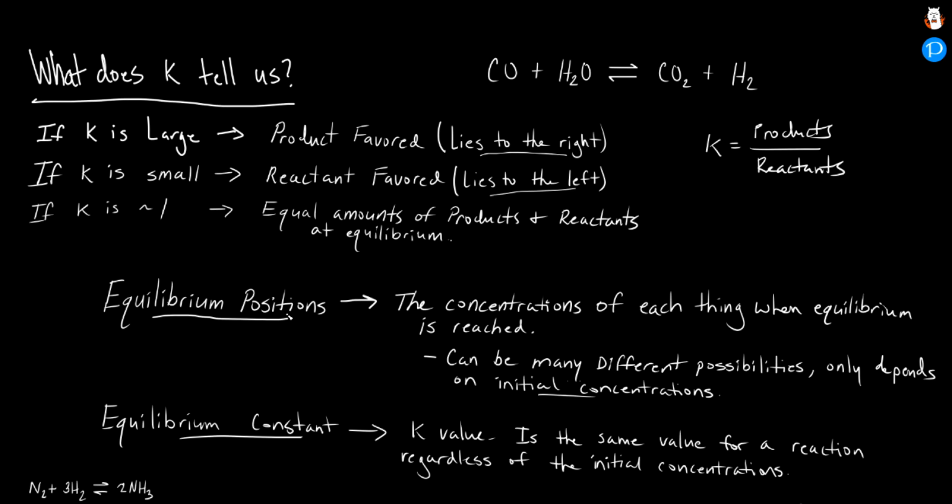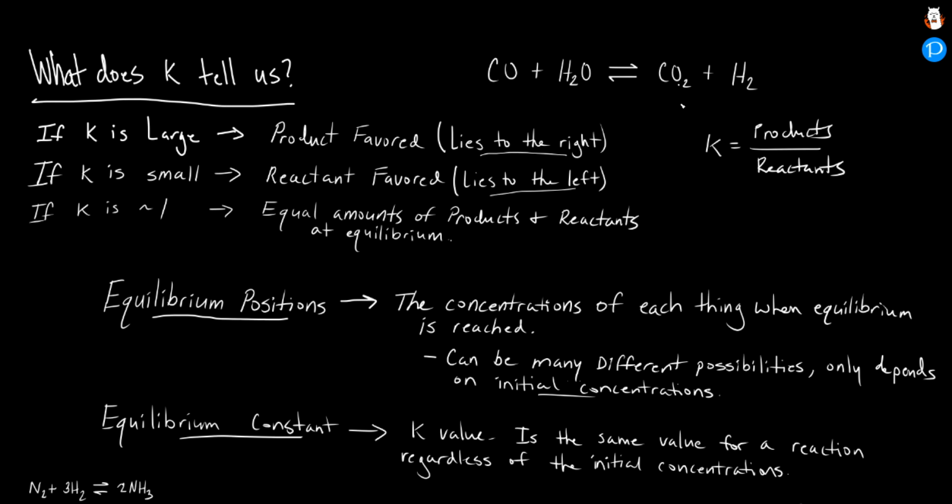That refers to what your concentrations are, basically, what the concentrations of each thing are once equilibrium is reached. So that can be many different possibilities. The only thing that your equilibrium positions depend on is what you initially start with in the reaction.